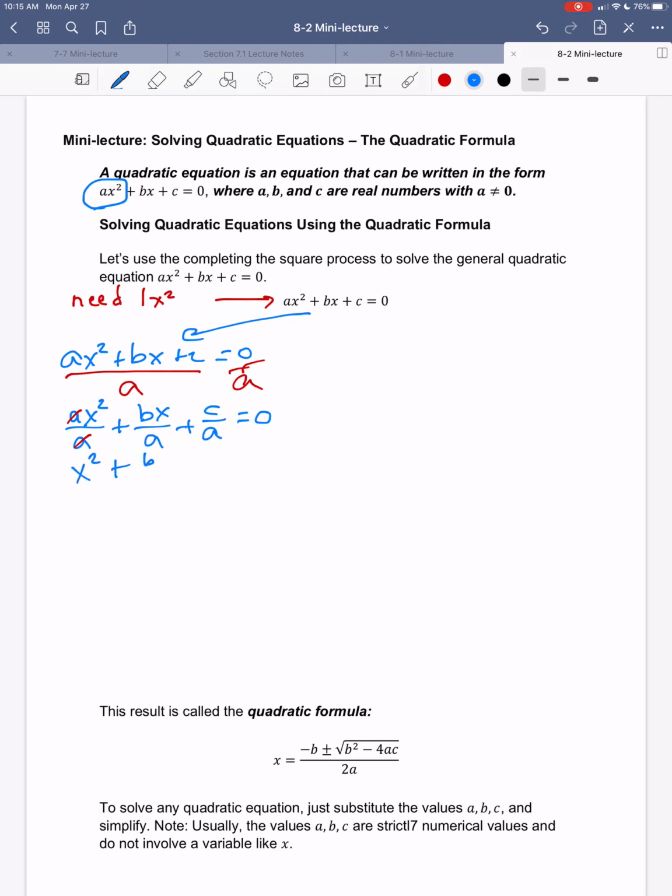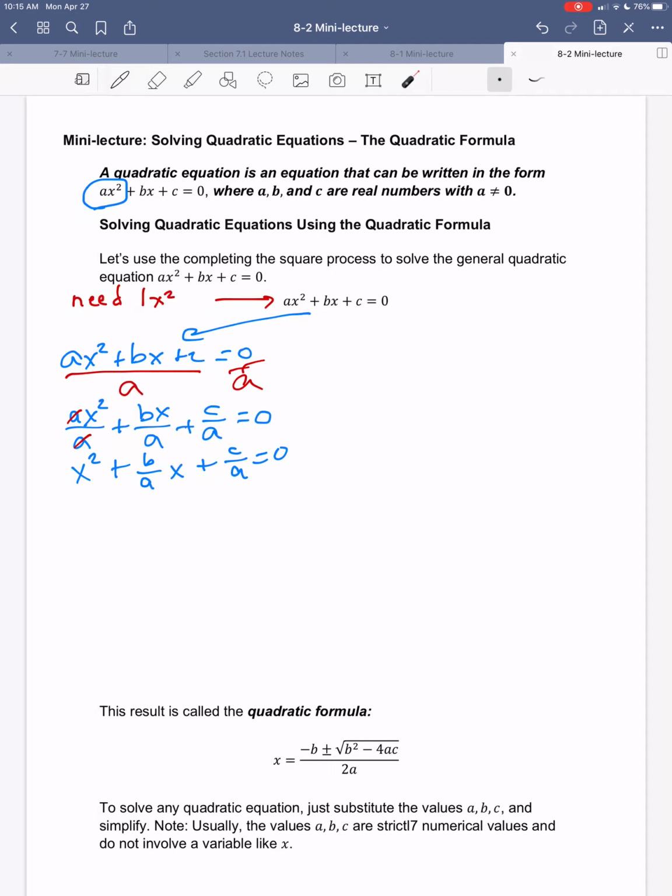This is really the same thing as just b over a times x. Let me talk about that a second here. This x is really x over 1, so it would be b times x in the top, a times 1 in the bottom. So although these look a little bit different, they really are the same thing.